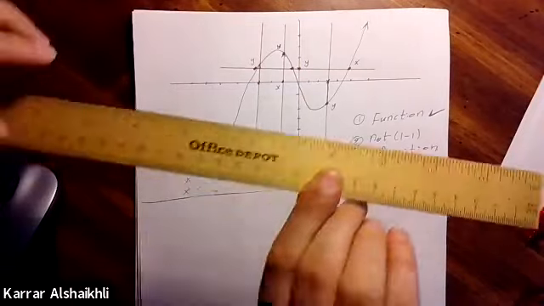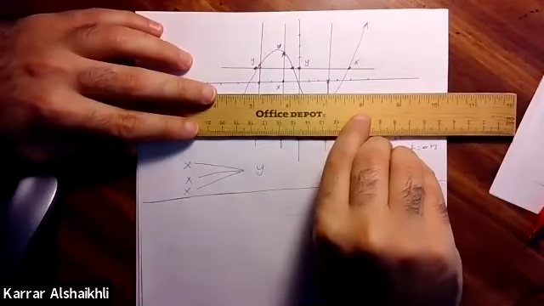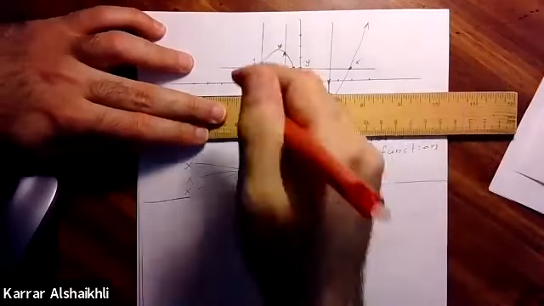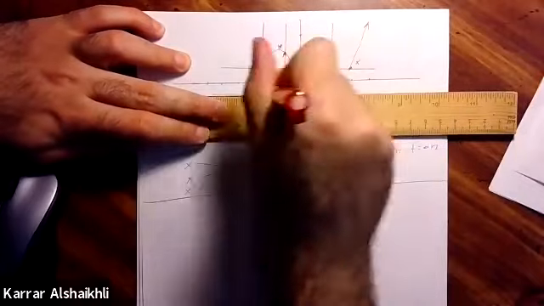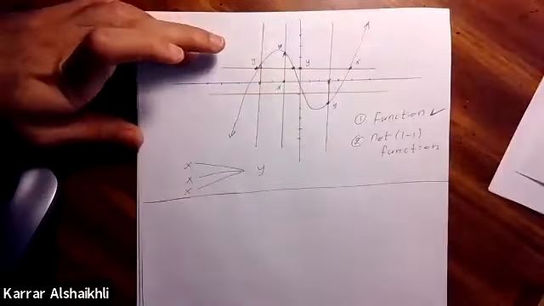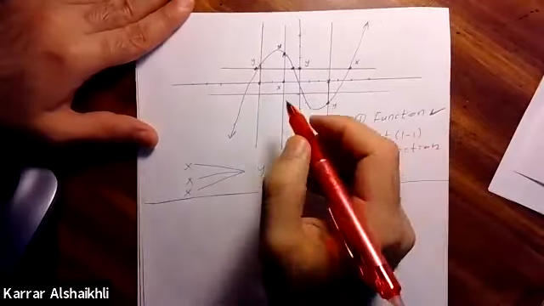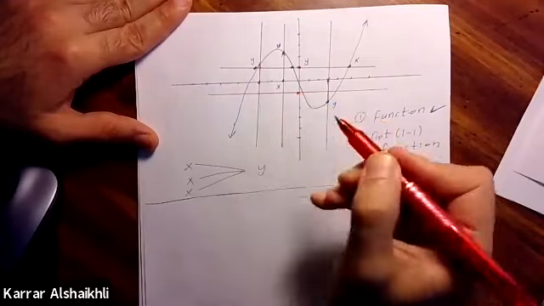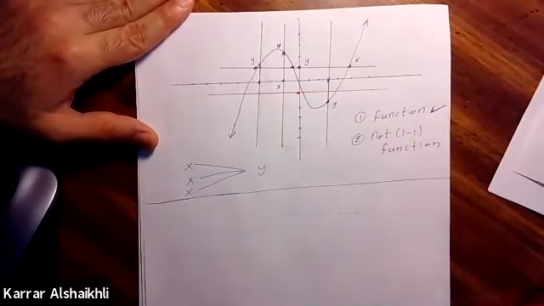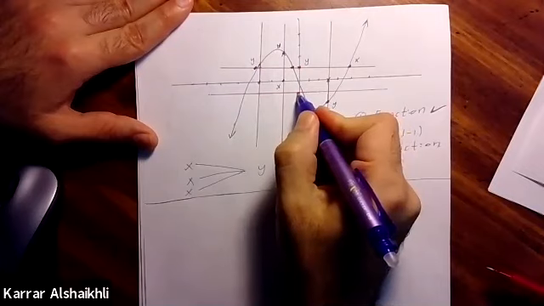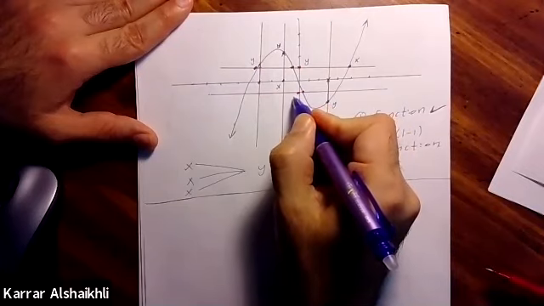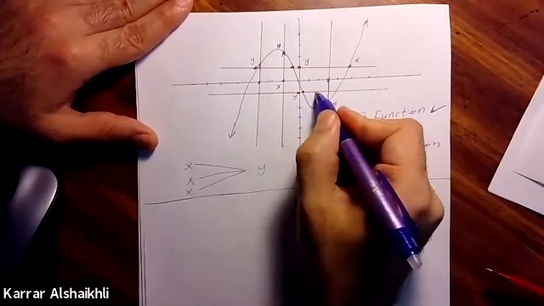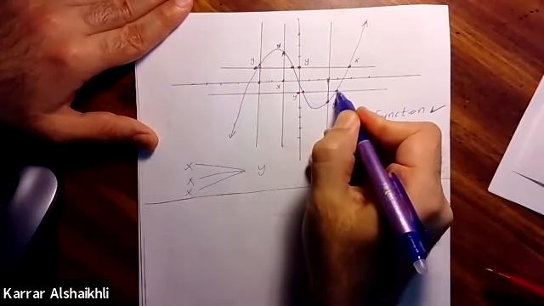Because I told you, you can graph more than one horizontal line. Let's graph another horizontal line test here. So let's check, this is the y. Let's follow this y to the graph. Here, this is the first x. Keep following the graph, this is the second x.